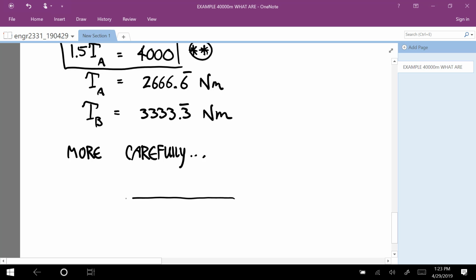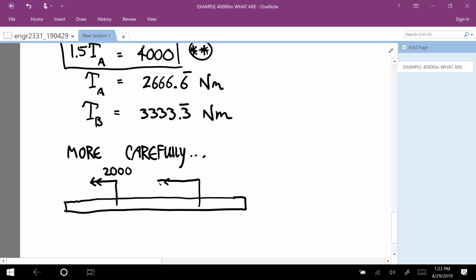So here's our whole beam. Over here we have a torque going this way at 2,000. And over here we have a torque of 4,000. And over here, this is a fixed joint, so we have a force vector, RA, and a couple, MA, and a torque, TA.